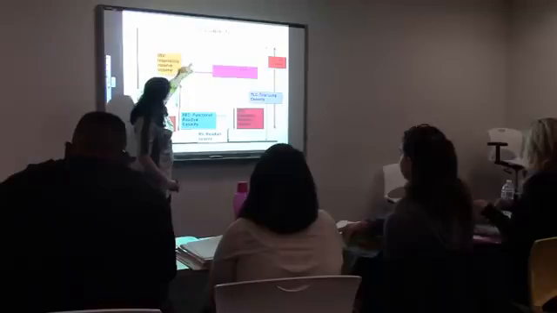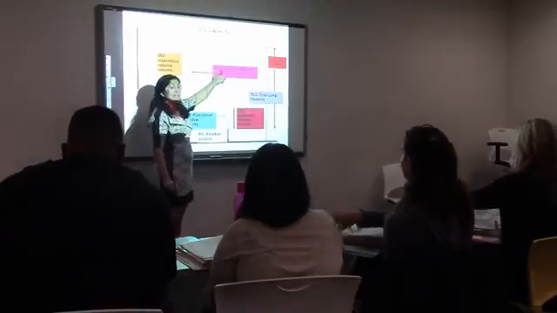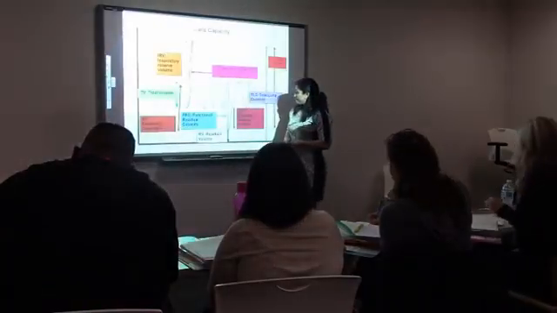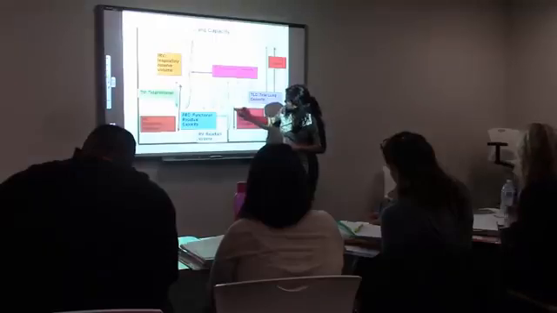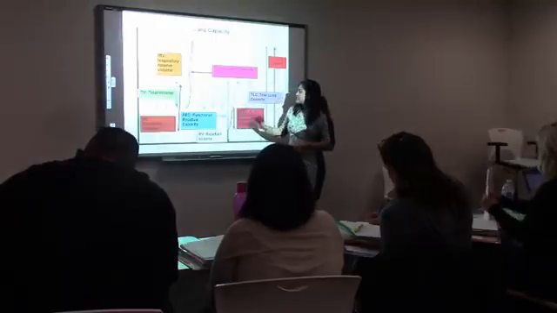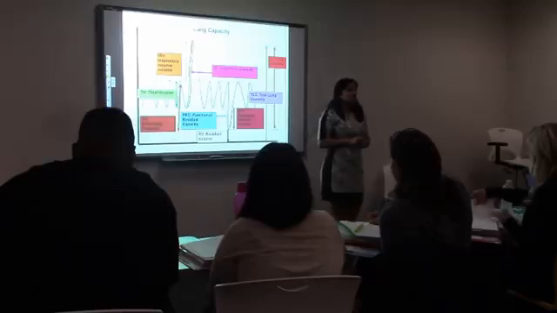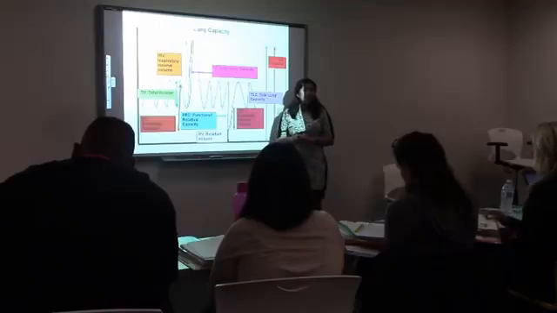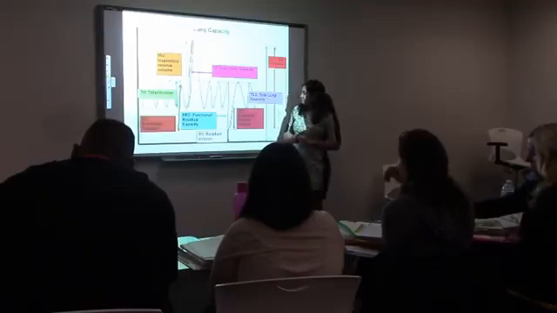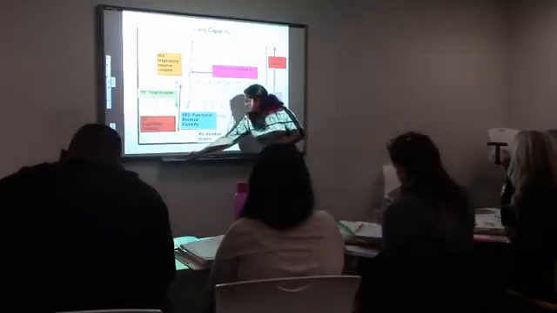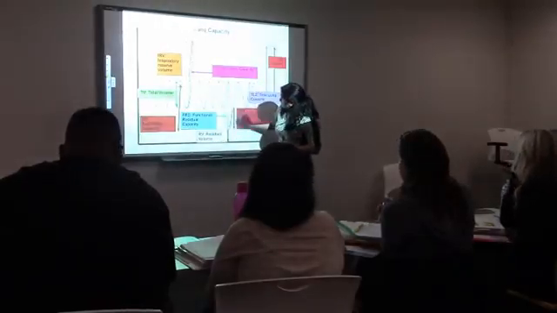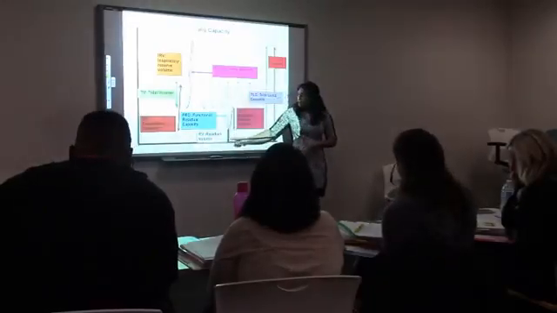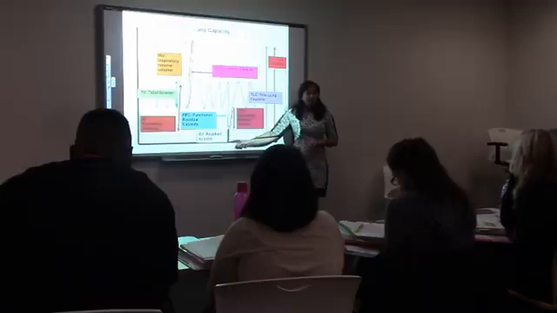This black one, all the way up, that is IC, inspiratory capacity. This is ERV, expiratory reserve volume. This right here is residual volume, RV.